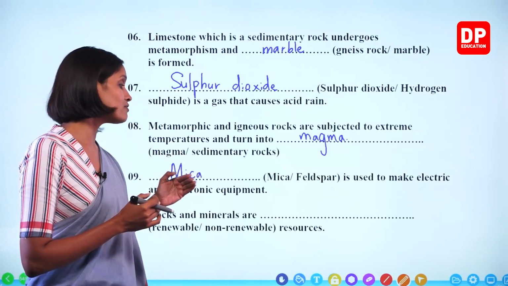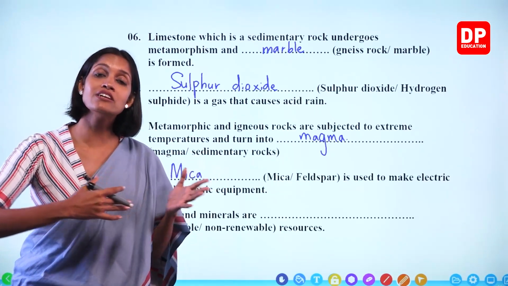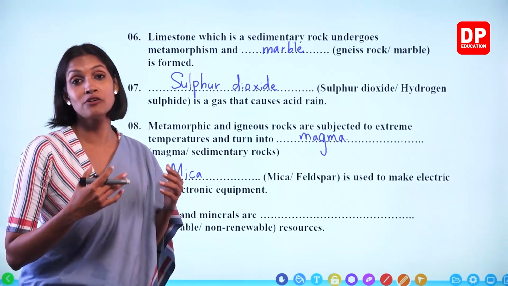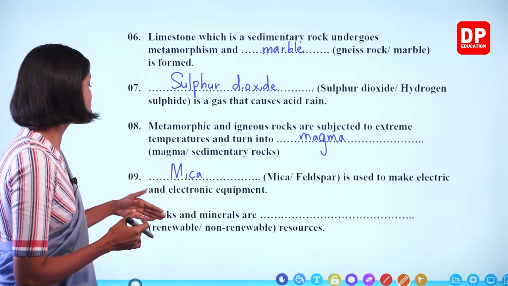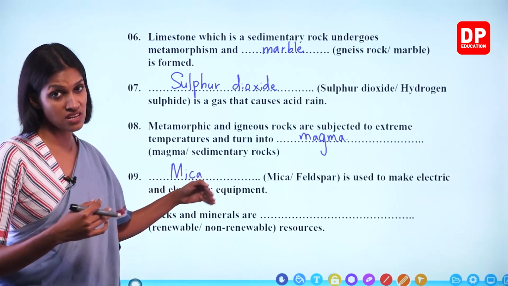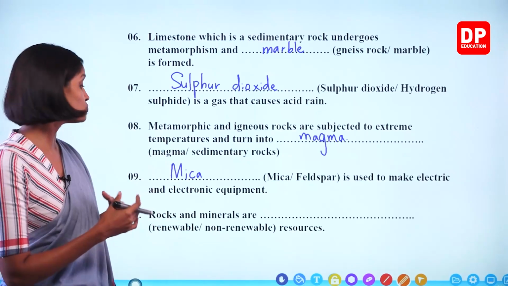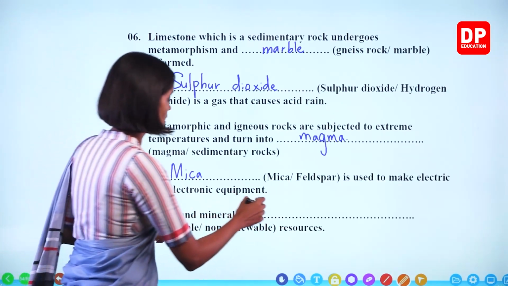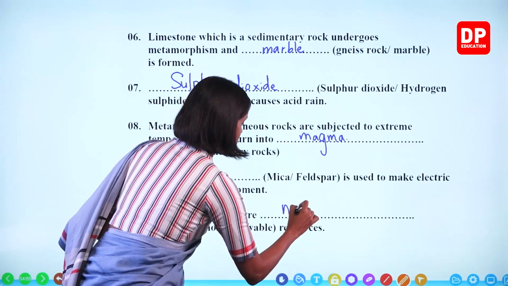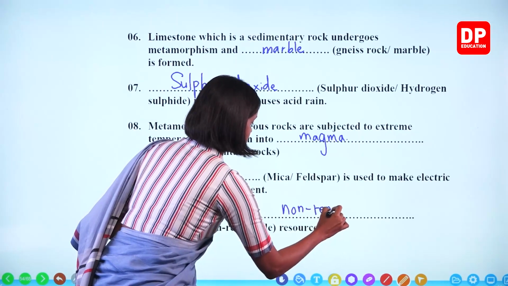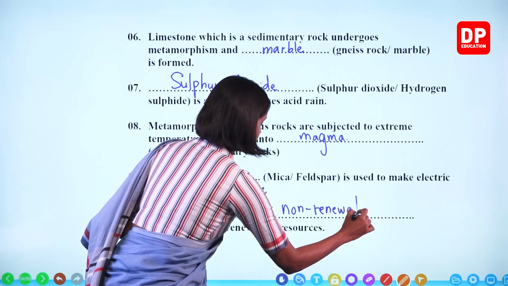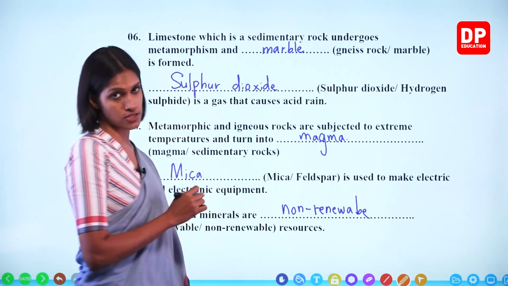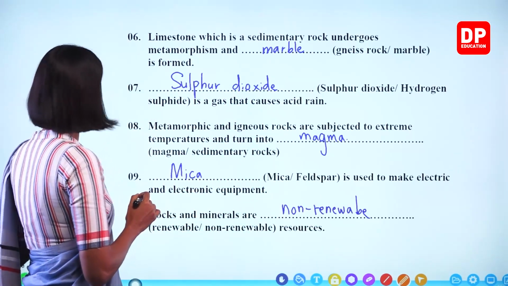But non-renewable resources take millions of years to form. Therefore, they are not readily available. So rocks and minerals, as it takes a long time period to form, are considered non-renewable resources. Okay? Right. We'll go from the beginning.